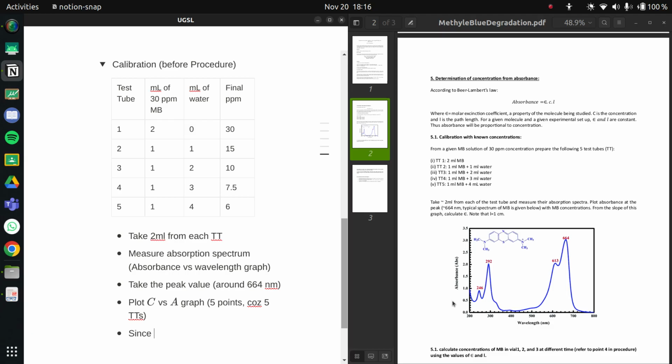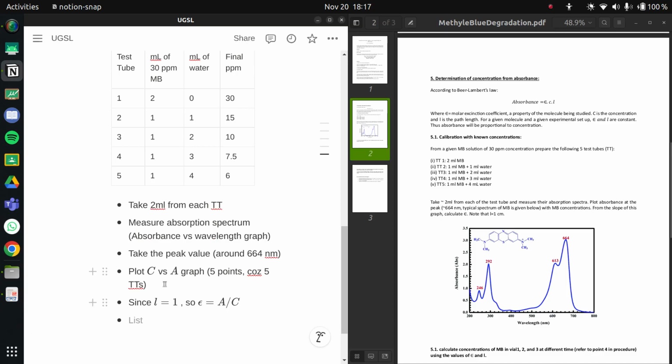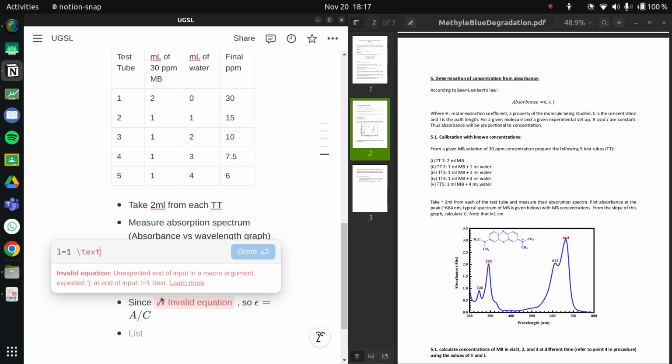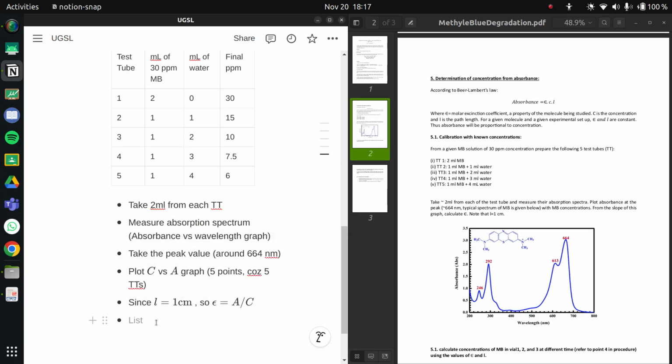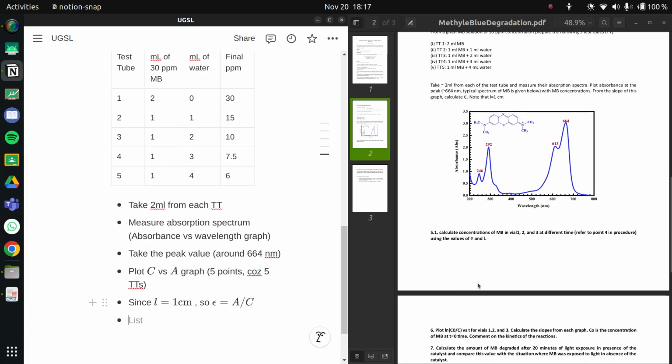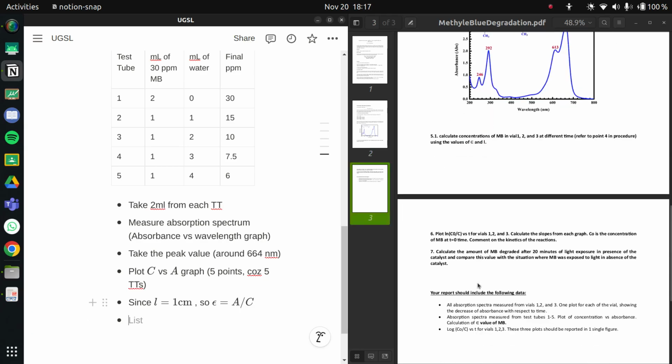So since L equal to 1, calculate the concentrations of MB in vial 1, vial 2 and vial 3 at different times.